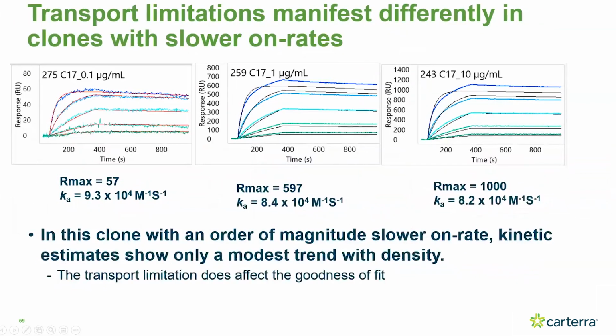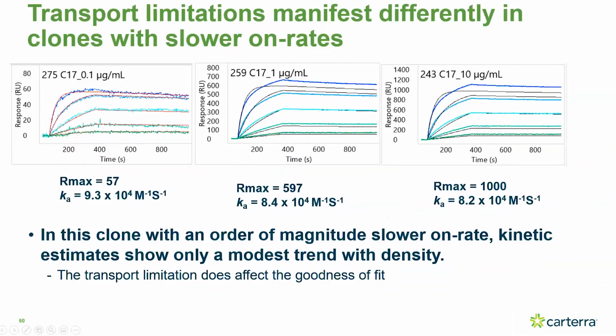In the very same experiment, we have another clone that was spotted at 3 different densities, and you can see it really made almost no effect on the measured on rate from those. So it's much slower. It's an order of magnitude slower on rate, and it's simply sort of outside the range where the transport limitation occurs.